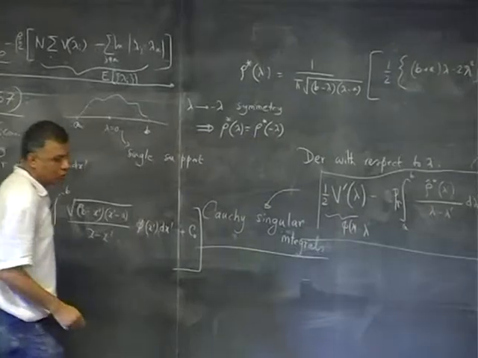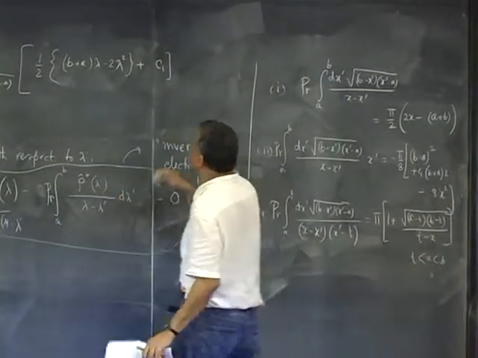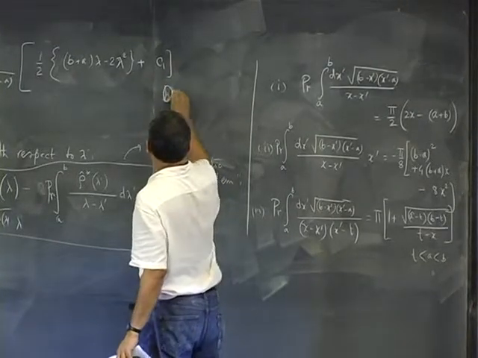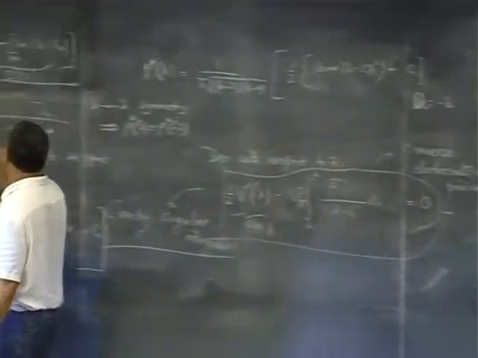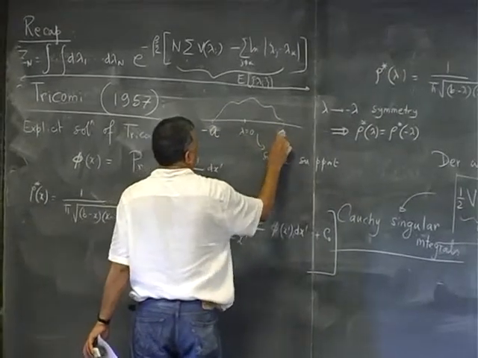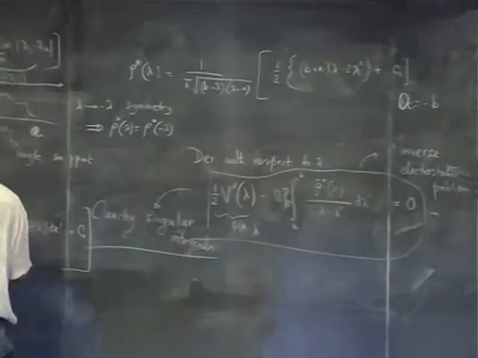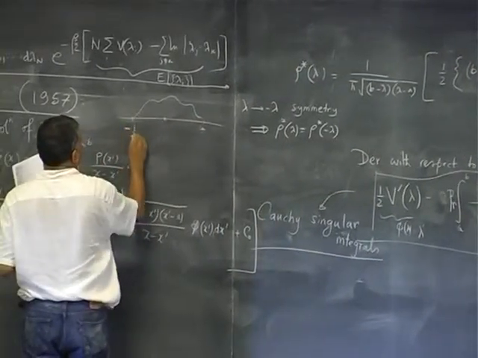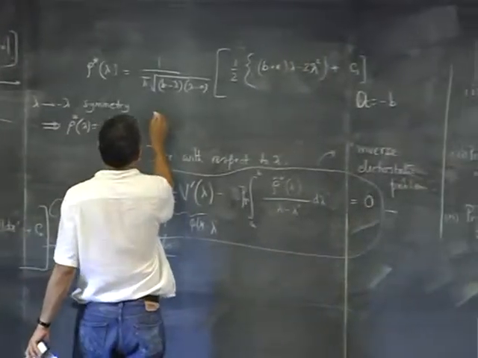So you can't have a linear term here. Immediately you see that A has to be equal to minus B. So I can talk about minus B to B. Now I have only 2 parameters left.